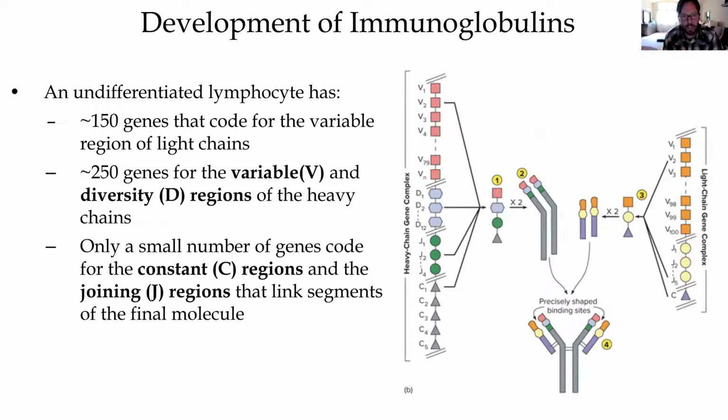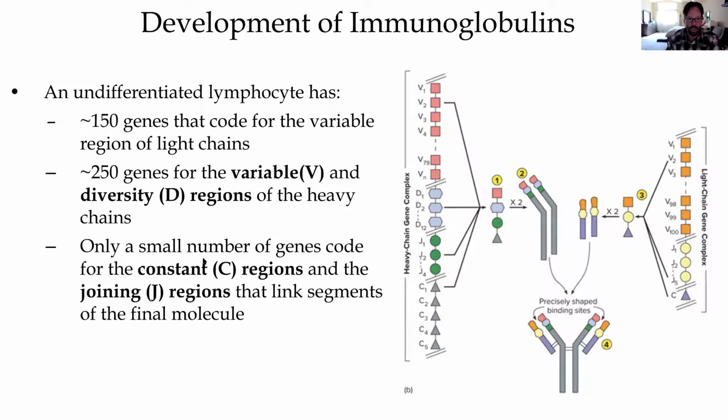So, lots of different genes go into making this variable region, right? The variable region of light chains is roughly 150 genes. The heavy chains' variable region is about 250 genes. And so again, they express or repress a certain number of these 150 or 250 genes to get a variable region that is complementary to the antigen.